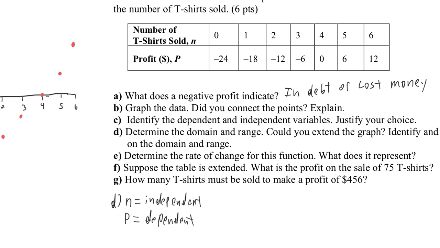Great. So now, this next one, determine the rate of change and what it represents. Remember what we did the last time we had a table of values. We look at how much it changes in our x. So every time we go over, we're going up by +1.